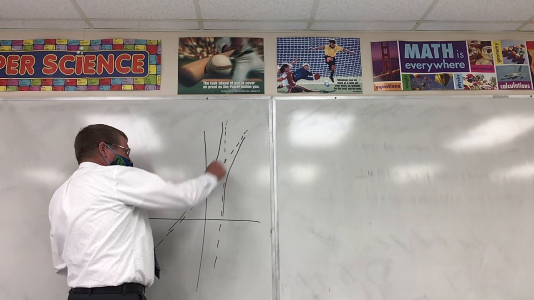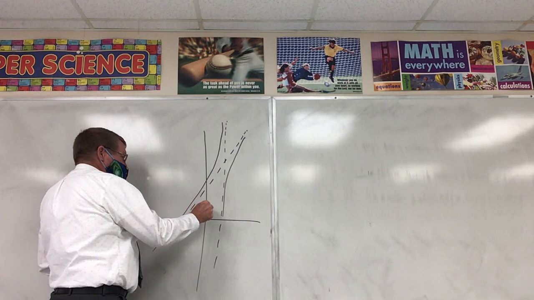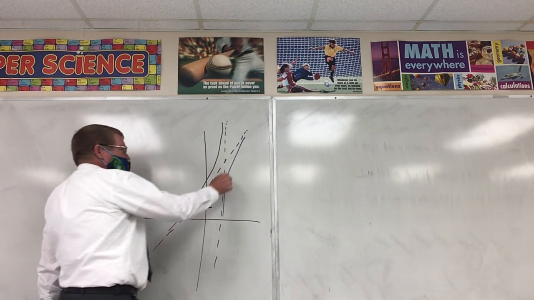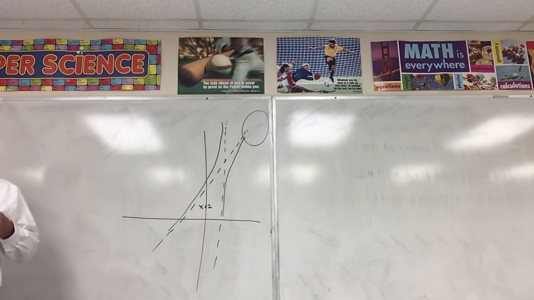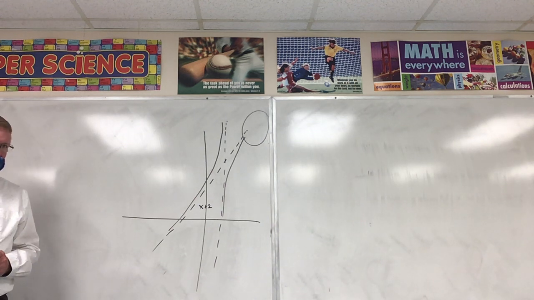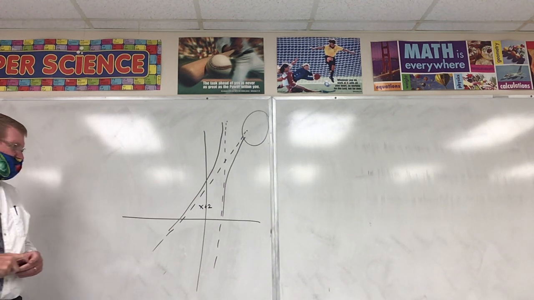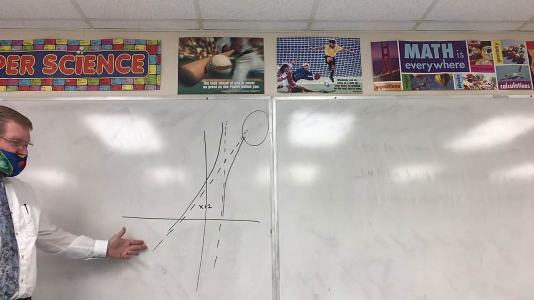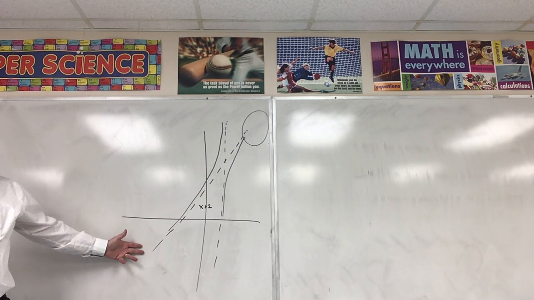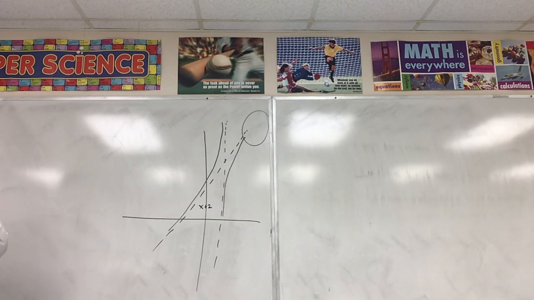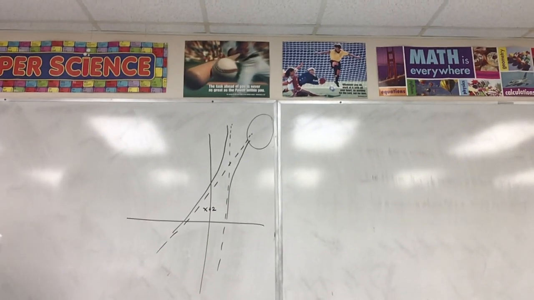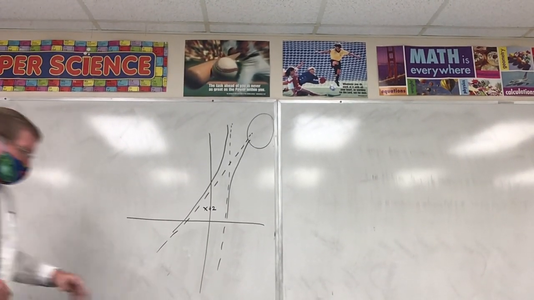So say for instance the asymptote here may be x plus 2. Well, my graph at this extreme over here would look like x plus 2. So x plus 2 would be my end behavior model. And on this extreme here it would also look like x plus 2. So that would be my end behavior model. That's what we're looking at when we look at end behavior models. What does my graph look like at the extremes?